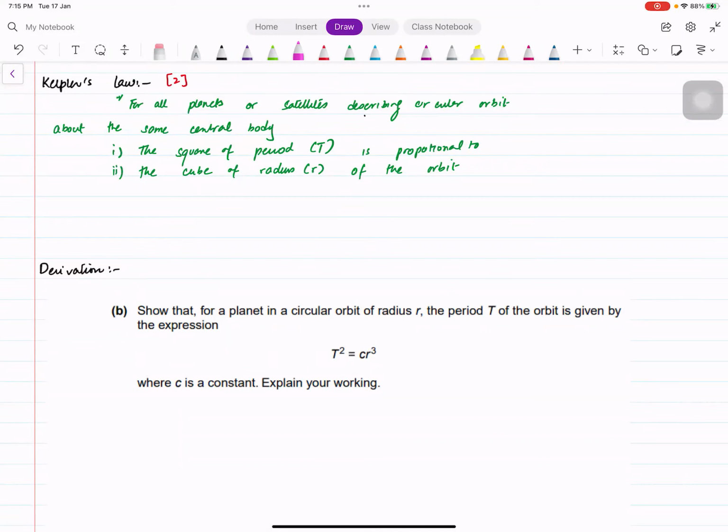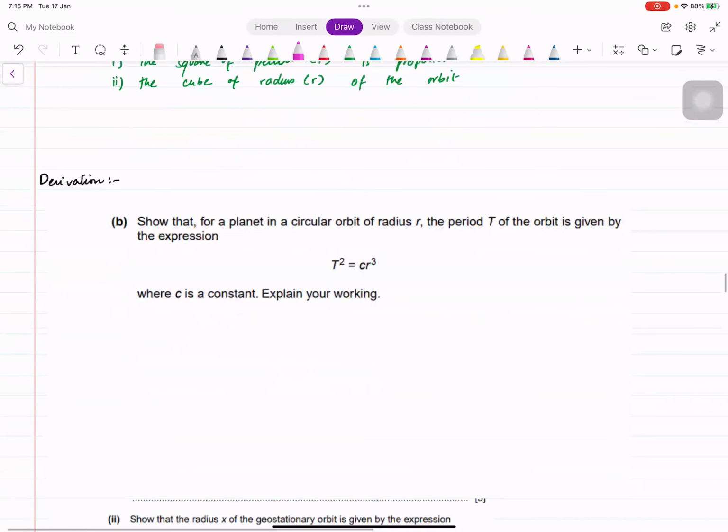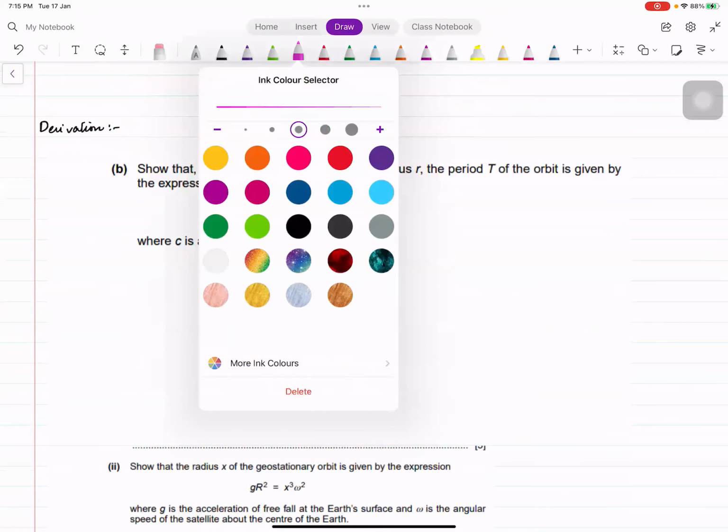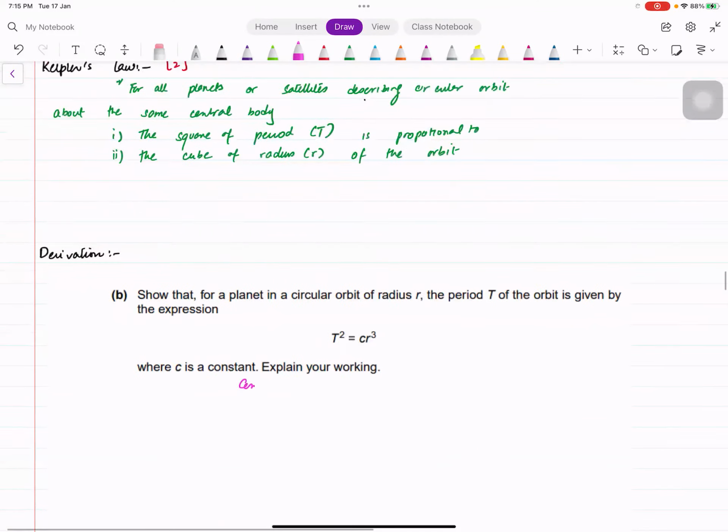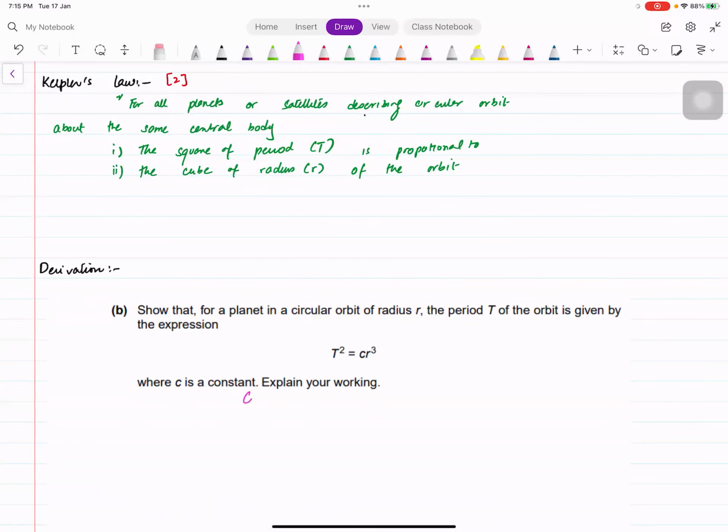Yes, sir. Okay. So the very first step you're going to take is you're going to say that the centripetal force, which basically makes something go in a circular orbit that we did in the first chapter, is provided by the gravitational force. All right. So this is basically the main principle.